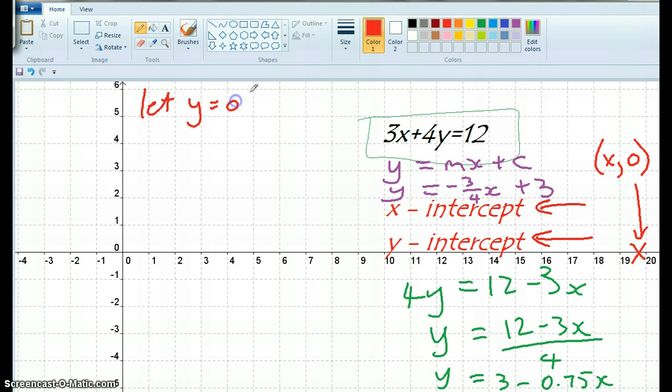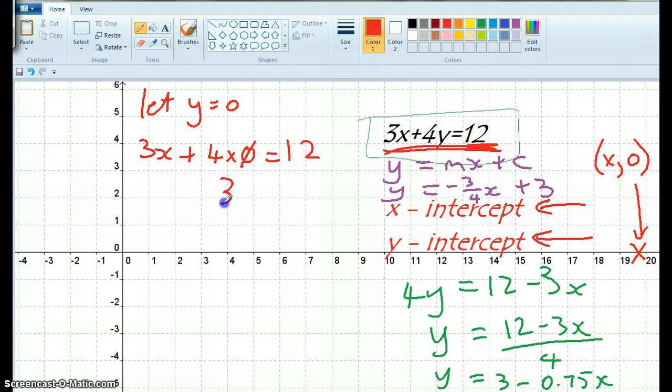So if we let y equals 0, so we're going to go 3x plus 4 times 0, because we were letting y equal 0, equals, anyone? 3x plus 4 times 0 equals 12.